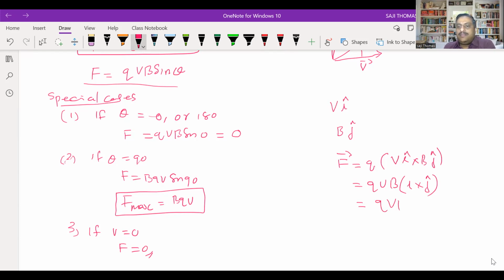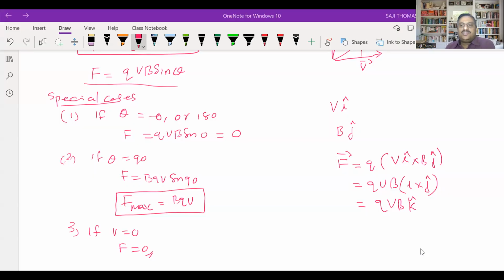So Q V B k hat. So this force will be along positive Z direction. So this way also we can find out the direction of the force.